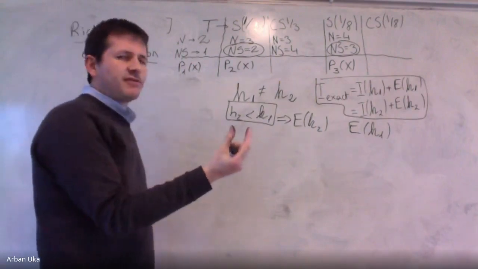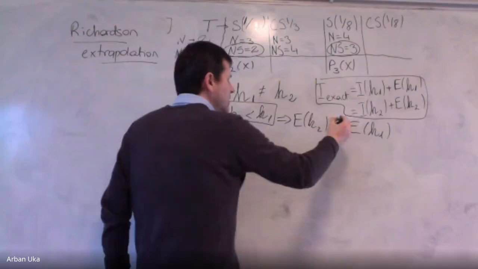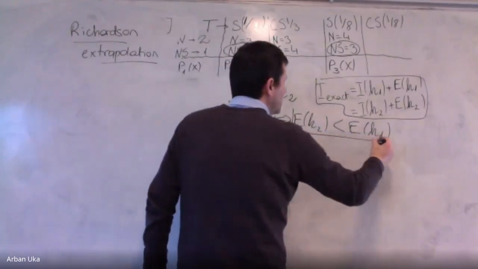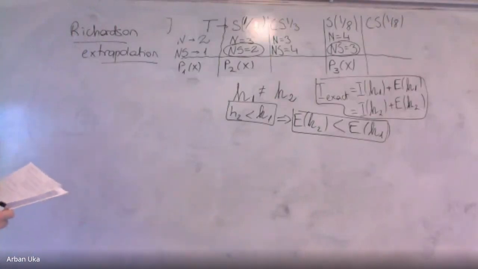Since we get smaller segments, this is going to be also smaller. And this is what we are after. We are after smaller values of errors, okay?